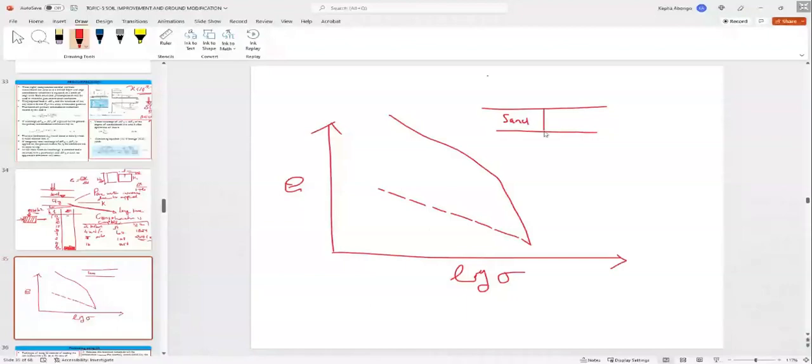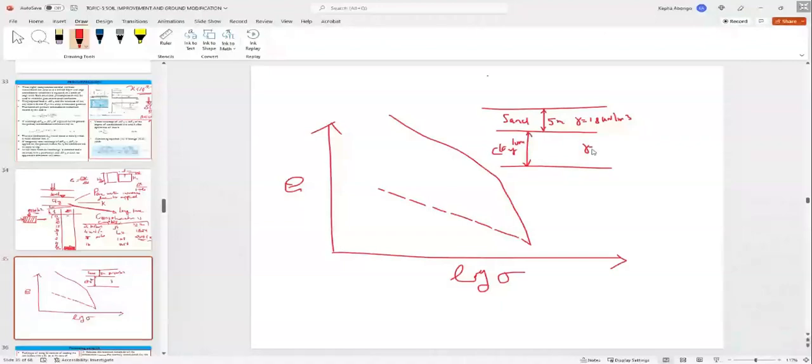This sand is 5 meters thick, with a density of 18 kilonewton per meter cubed. Then that is the soil, clay, some centimeters thick.